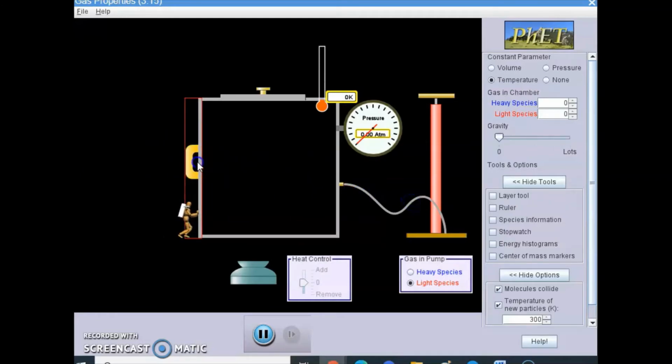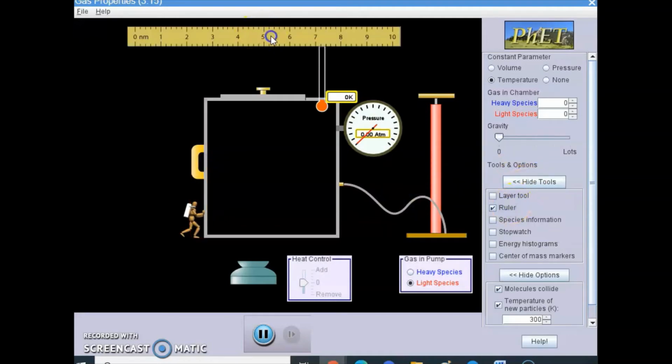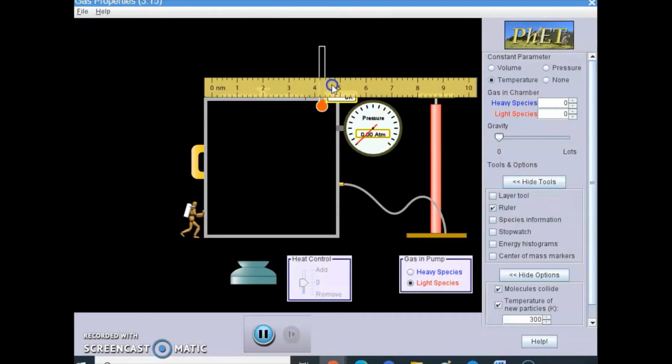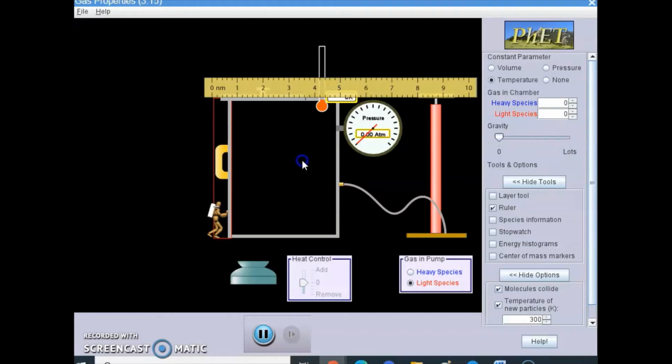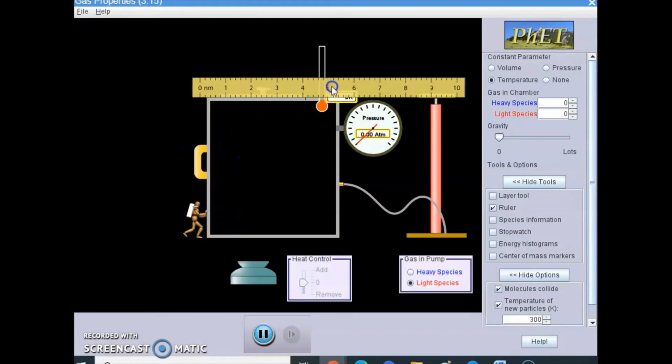So how do we measure the volume of the container? We have a ruler here. The ruler is in nanometers.